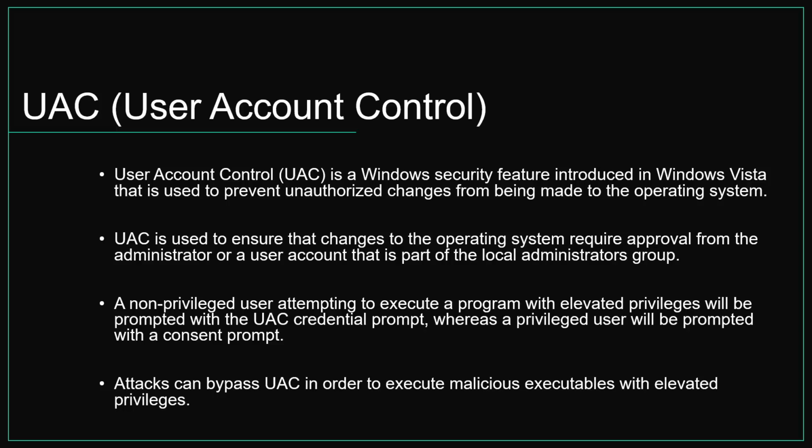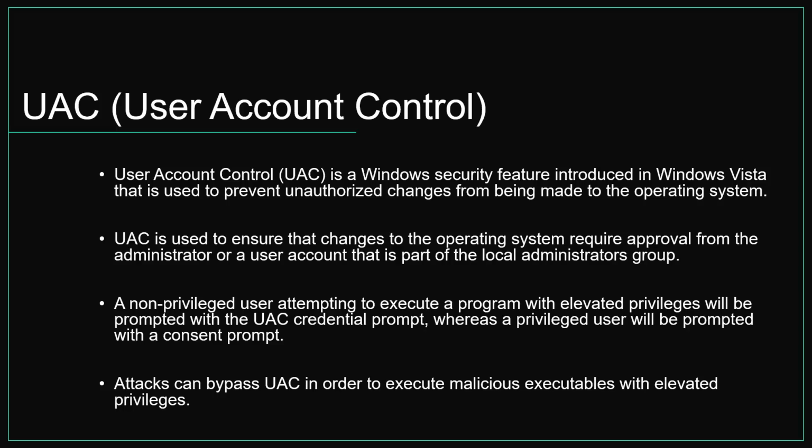Now, one of the challenges that every penetration tester faces is if I get remote access to a Windows system, and the privileges that I obtain, or the user account that I have access to, is part of the local administrators group, then at that point, I really do not have an elevated session. The reason for that is because, again, that user account doesn't have administrative privileges by default.